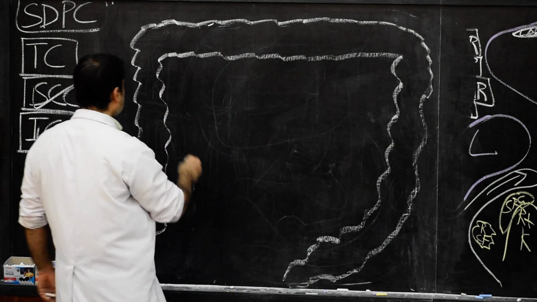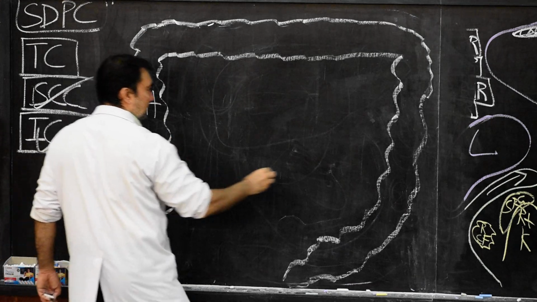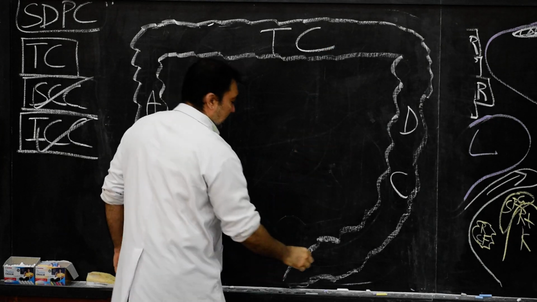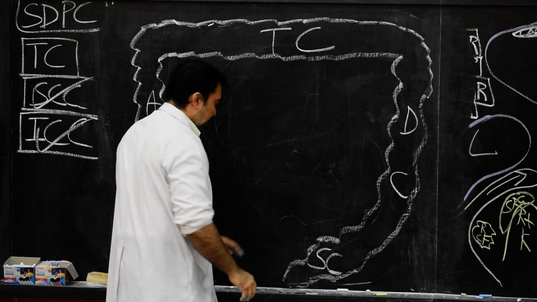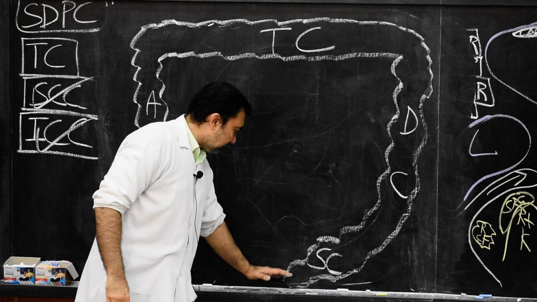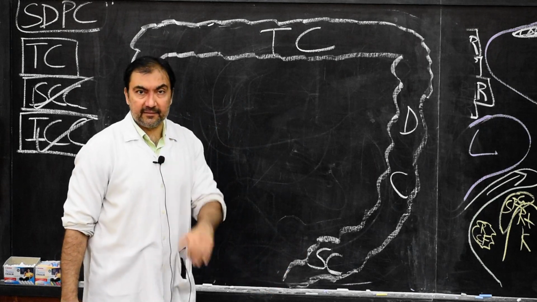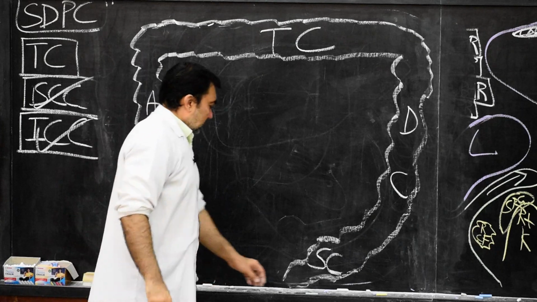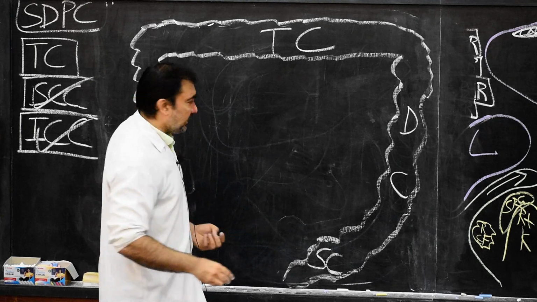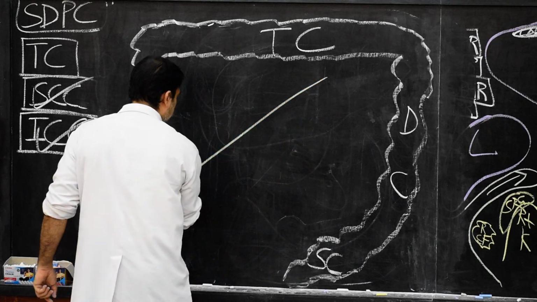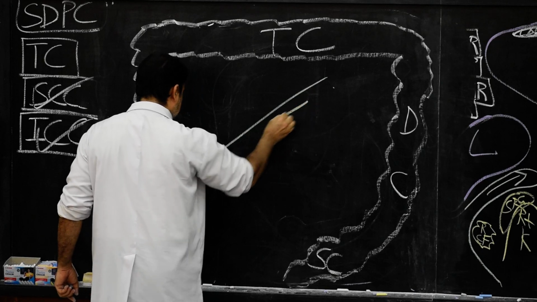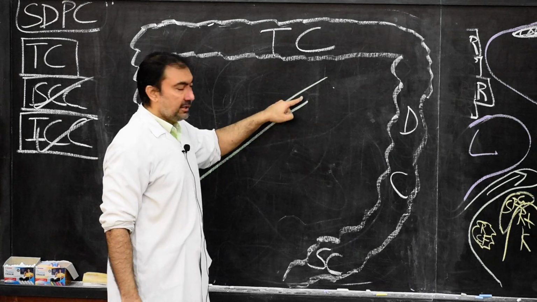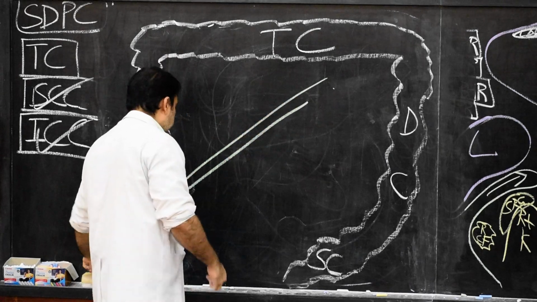This is the ascending colon, this is the descending colon, this is the transverse colon, of course here sigmoid colon, and then below that sigmoid colon and rectum, and these structures will be in the pelvic cavity. Now we are going to show the root of the mesentery. This landmark is very important: it extends from the left duodenojejunal flexure on the left hand side.